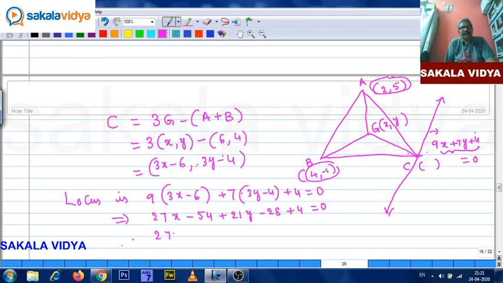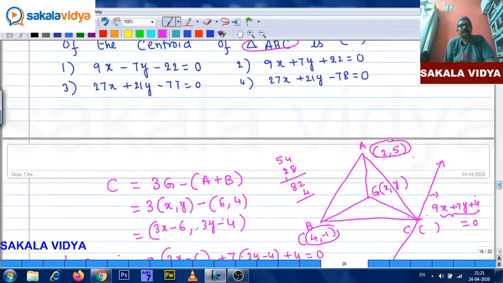Now 27x plus 21y, and minus 54 minus 28 plus 4, how much? 54 plus 28 is 82, minus 4 gives 78. This will be minus 78 equals 0. So which is the right option now? This fourth option is the right option.